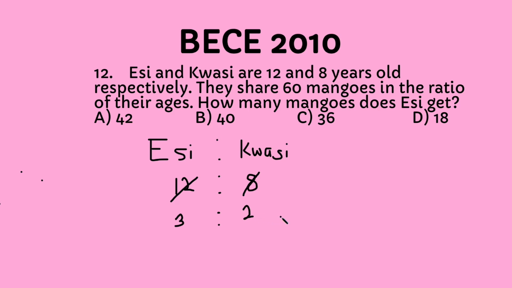What we're going to do is find the sum of the ratio of their ages, which is 3 plus 2 is 5, and find the fraction of 60 that belongs to AC. AC's part is 3 out of that 5, hence the fraction 3 over 5. And we multiply it by 60 to find the amount of mangoes that AC gets. Our answer is 36.